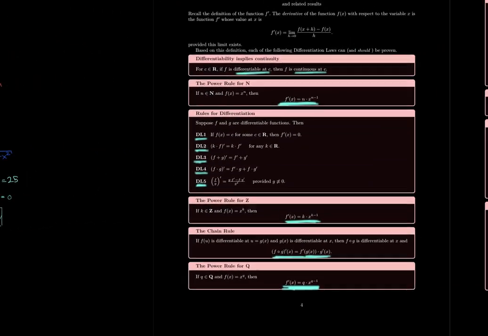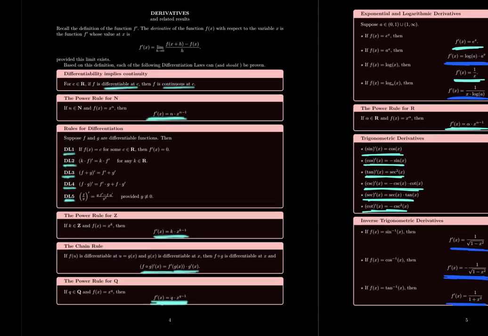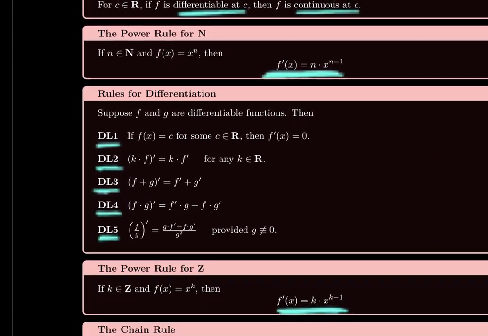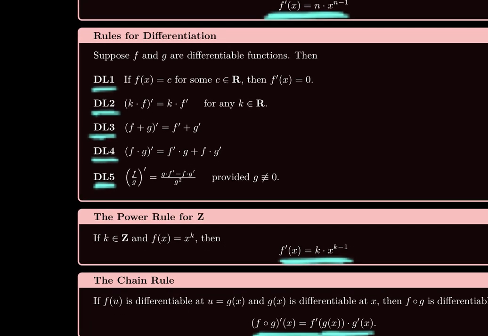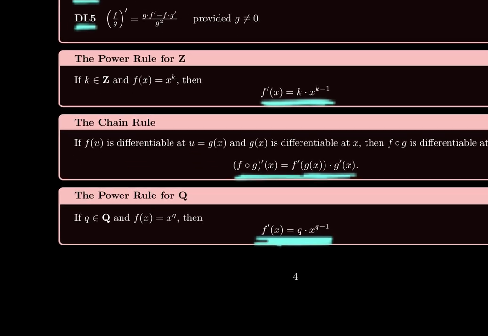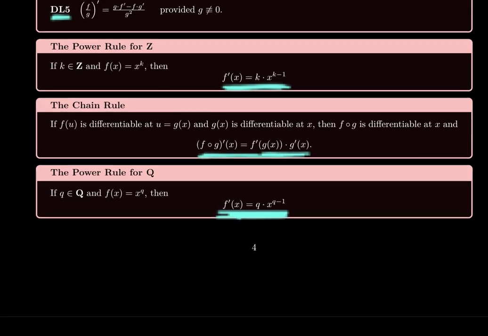So I have our PDF of derivative rules up right here. Everything underlined in blue is what we have proven already. So we have all our rules for differentiation right here: the sum rule, the product rule, the quotient rule. We have the power rule for the integers. We have the famous chain rule, which is super helpful.